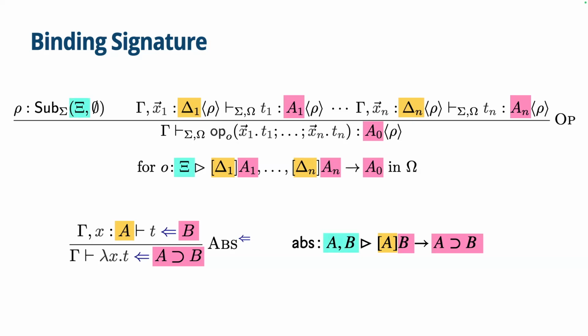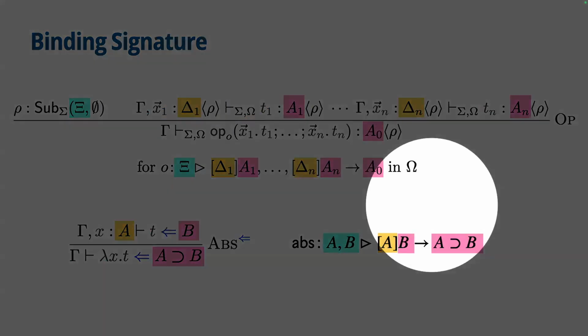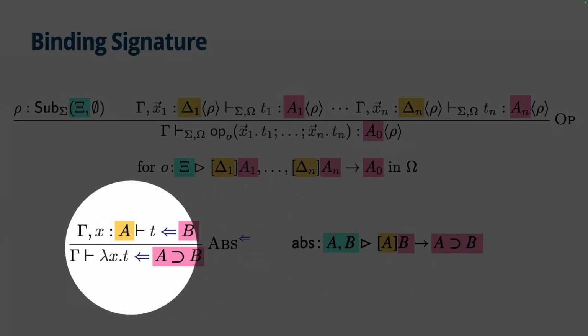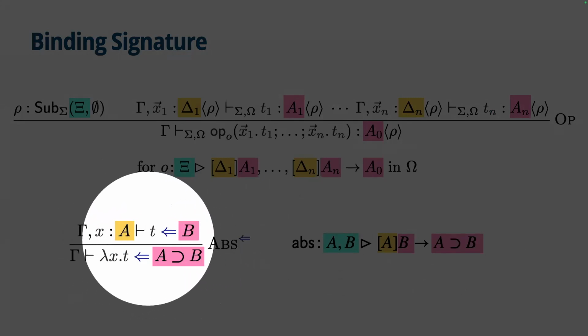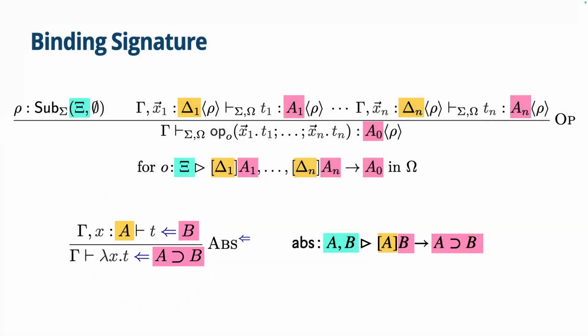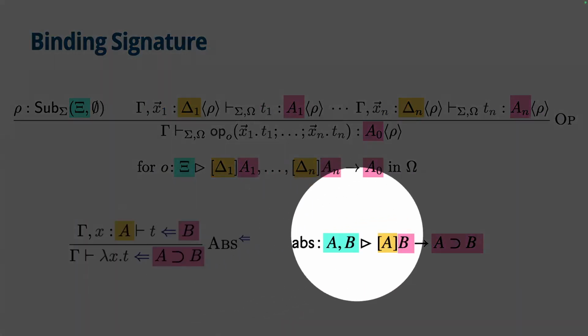Okay. So we also have type variables appearing in a construct. For example, in this case, we have two meta variables A and B. To describe this kind of construct, it's enough to say it in a very compact way.